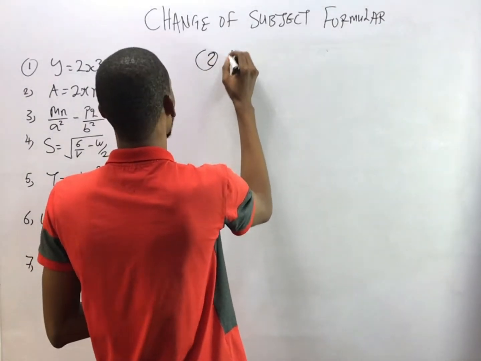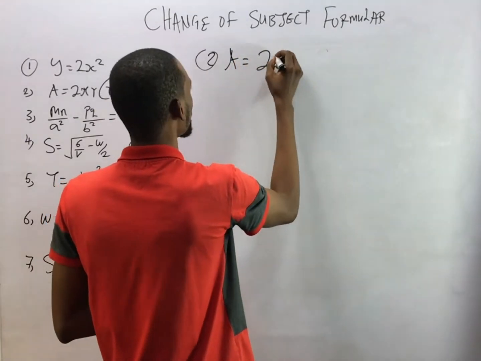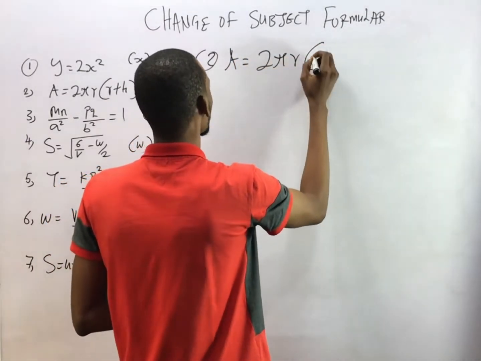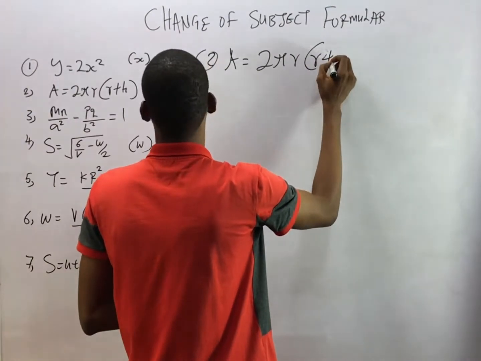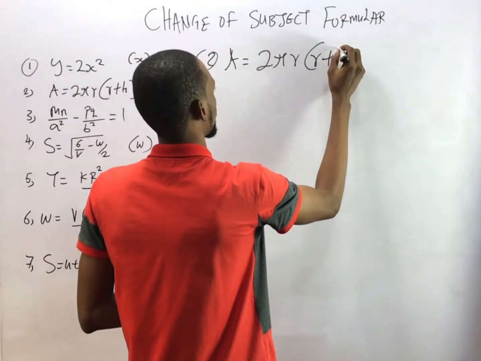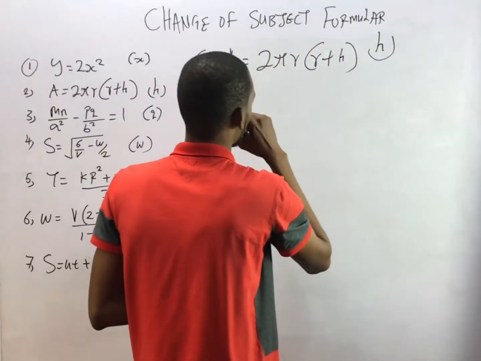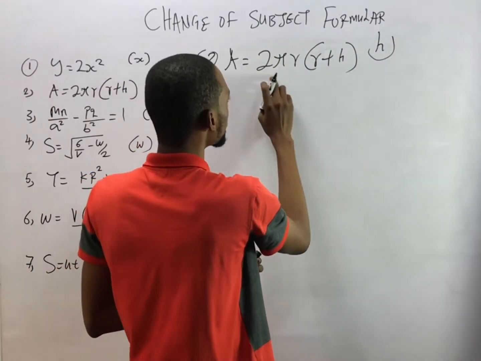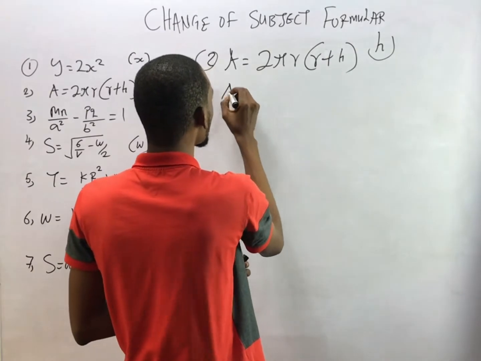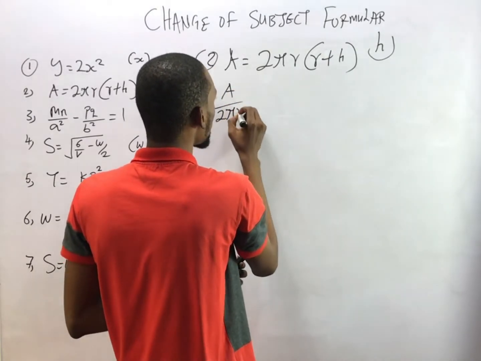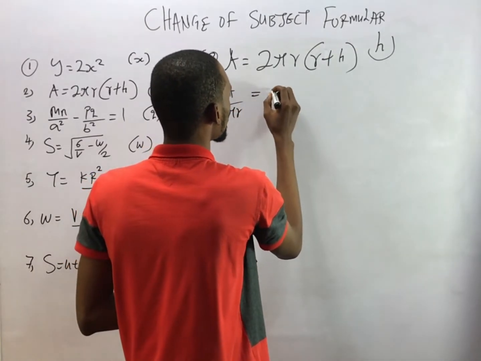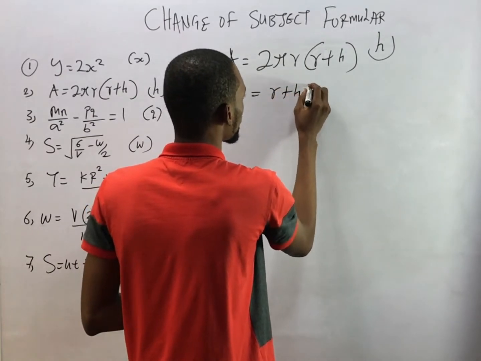This is it. A is equals 2 pi r plus h. So we need h as subject formula. So the distraction here is already 2 pi r. So that means a over 2 pi r is equals r plus h.